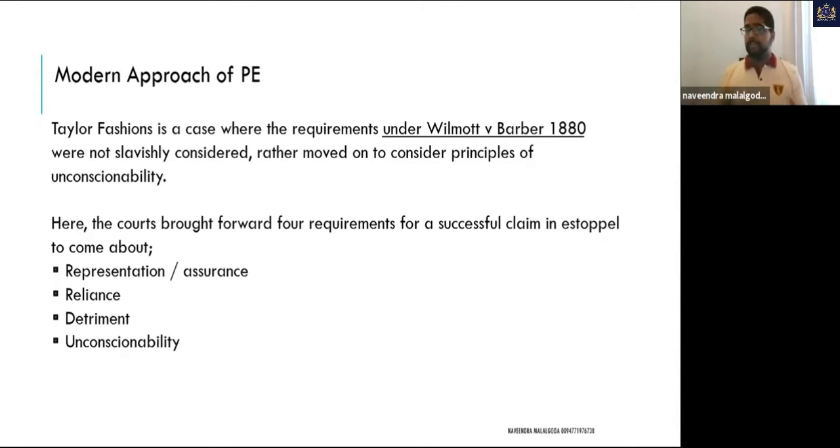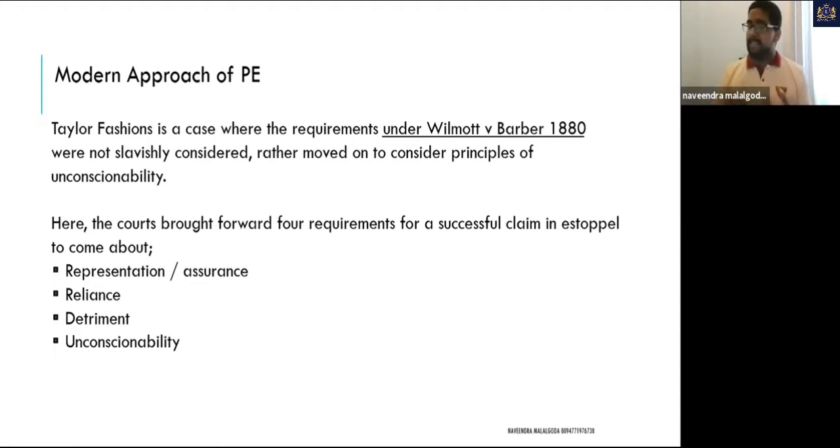And because of your representation, I gave up my own property, lower price, and I gave you an advance payment also. Now, why did I do all of these actions? It was because I relied on your assurance. And if you decide, Vicky, not to transfer the property to me, all of these actions that I have done through the reliance to your assurance or representation made would definitely cause detriment to me.